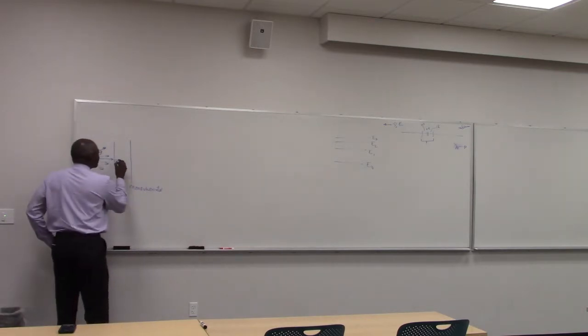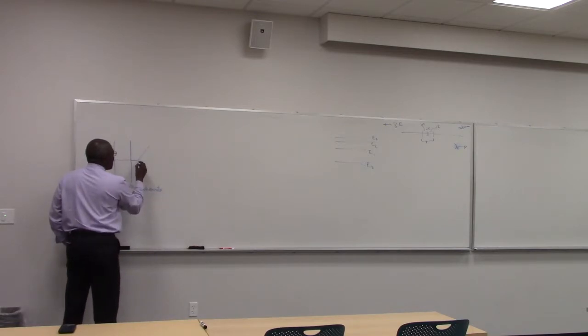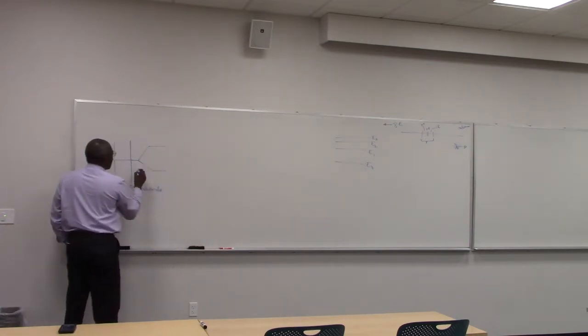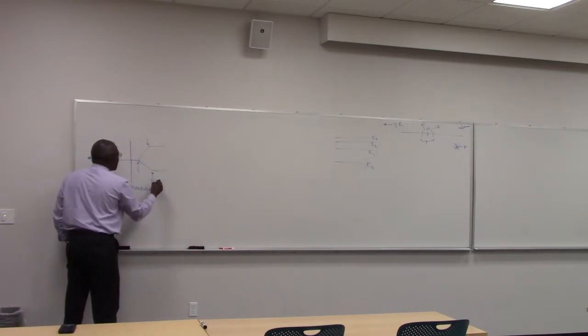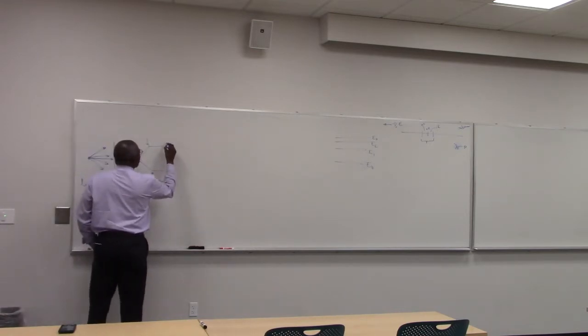So that light passes through my monochromator. It is then split into two beams. There are mirrors here that split the light into two beams, and those beams go into little cells.